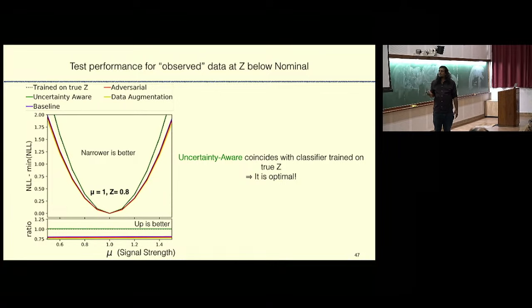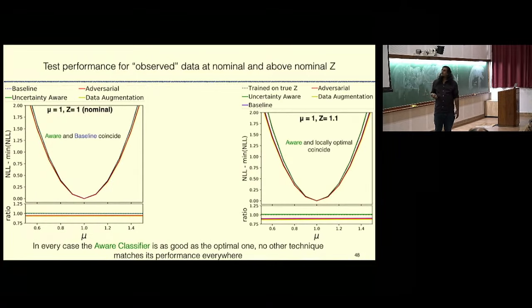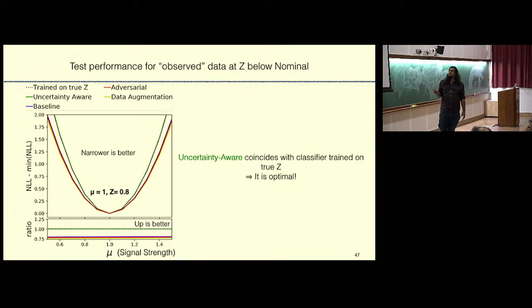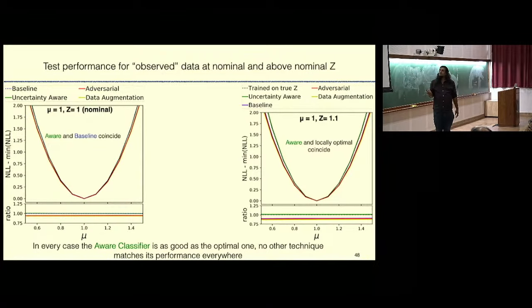And we have the ratio plot showing that. Just to make sure that this is not a feature only of this one particular value of the nuisance parameter, it remains true for the nominal case and for the systematic up case. And no matter where you check, the green always does as well as the locally optimal classifier.